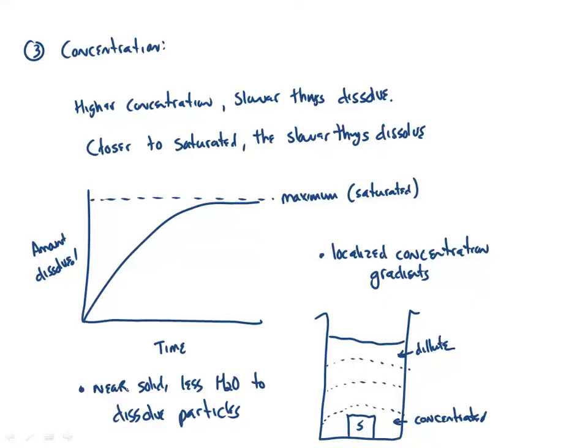The effect is so tiny that you'll never notice it for the amount of salt that you would normally add to something. We will when we start talking about something called colligative properties, which I don't think we'll get to until Wednesday. That describes that phenomenon. But it's such a small change that, like I said, you won't notice it.